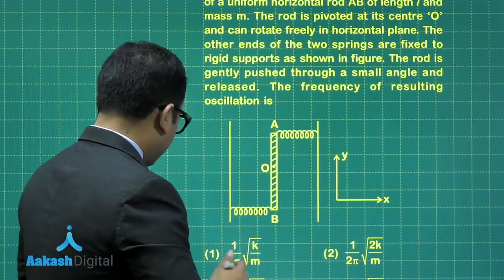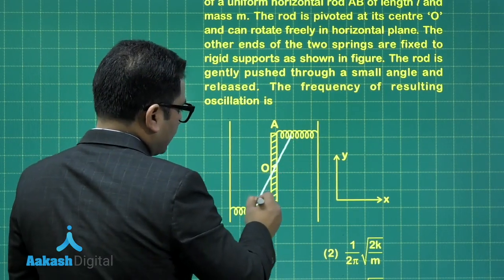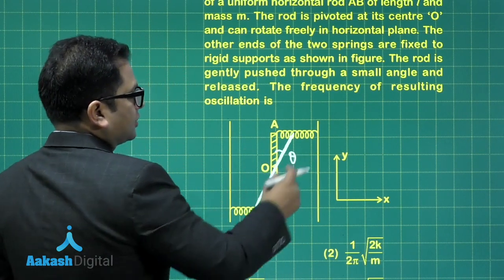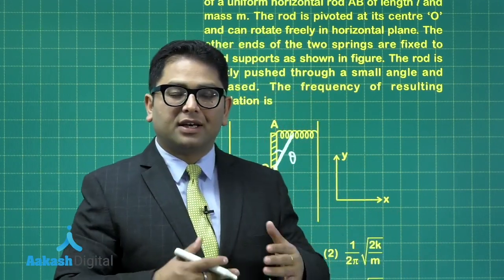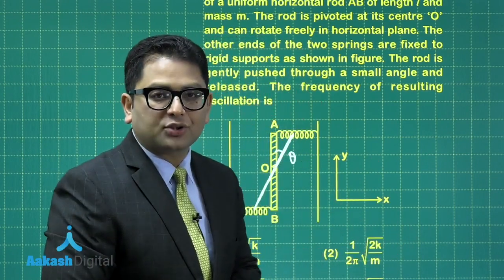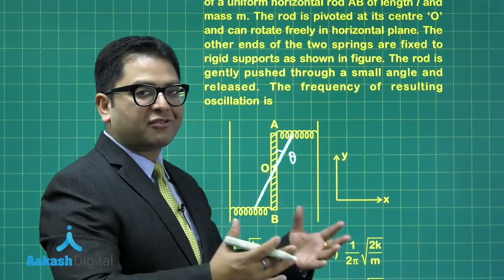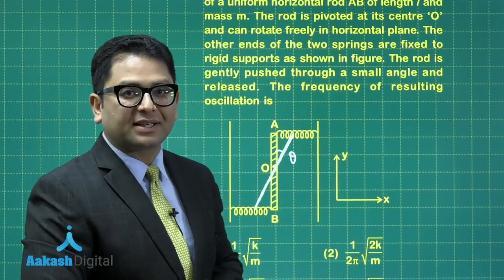Now here, when I oscillate this by a very small angle, let me call this theta, both springs will be compressed. As a result, they would give the restoring force, and that restoring force will provide the restoring torque. We can put the assumption of small oscillation right beforehand, considering that we are not novices.